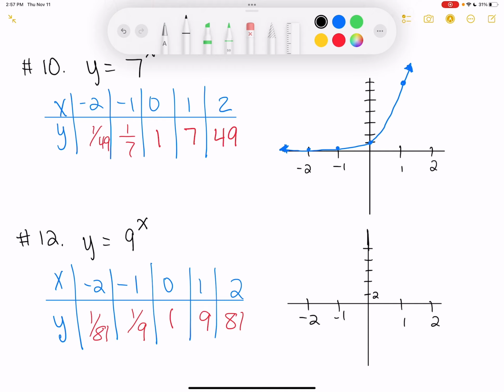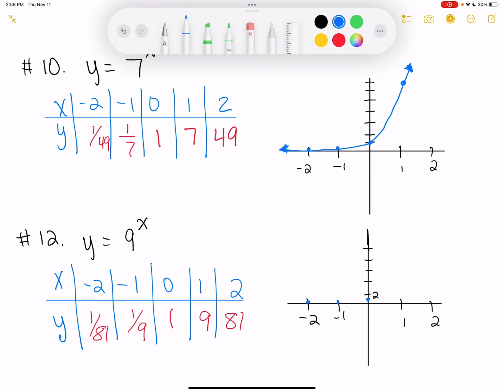All right, so at -2, I'm at 1 over 81, so again, pretty close to the line. At -1, it's at 1/9, so pretty close again. At 0, it's at 1, so it's another reason to make sure you label stuff since I counted by 2s here. It's not up at the first mark, it's halfway between.